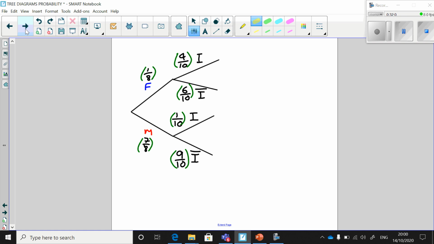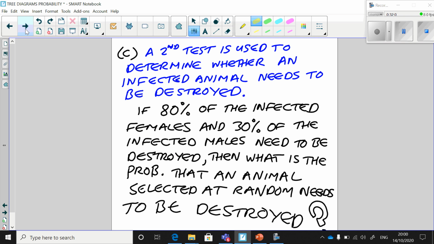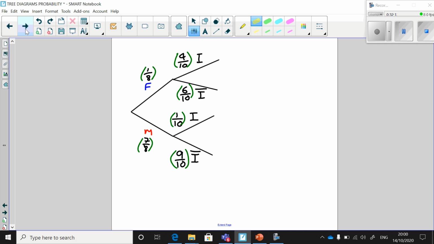So we'll go back to that tree diagram, and they're talking about being infected on both sides here. So I'm just going to look at the infected branches here, and then I'll trace that back to both females and males. But then we have probabilities of being destroyed and not destroyed. So I'm just going to add 2 new branches to both the infected parts.